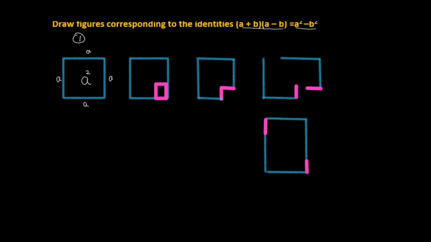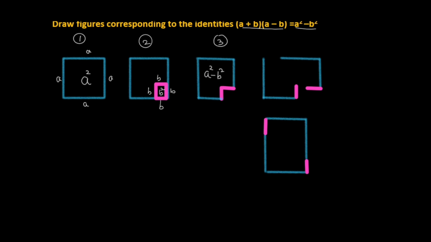In diagram 2, we are going to remove a small square from diagram 1. From diagram 1, we remove a square with side b, so we remove b squared. After removing this, in the third diagram the occupied area is nothing but a squared minus b squared.